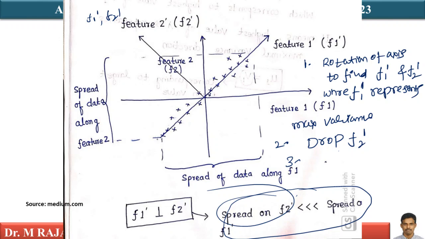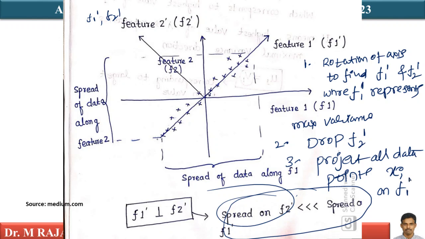I must project all data points, or data set points xi. Project all these xi on F1 dash, on which variance is very, very high.